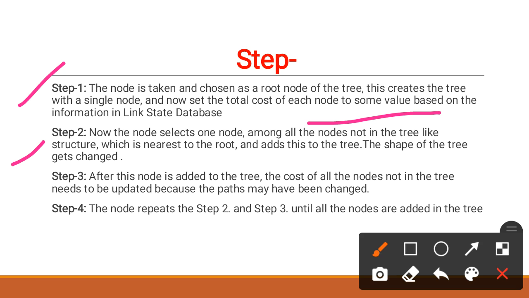The shape of the tree gets changed. Then step 3: after this node is added to the tree, the cost of all the nodes not in the tree needs to be updated because the path may have changed. Step 4: the node repeats step 2 and step 3 until all the nodes are added to the tree.